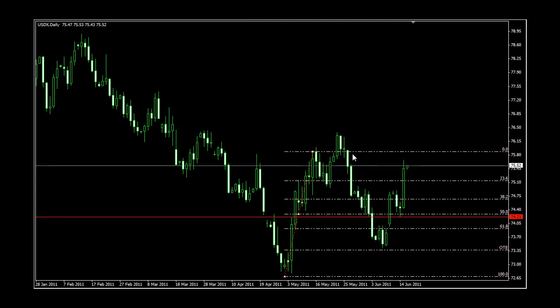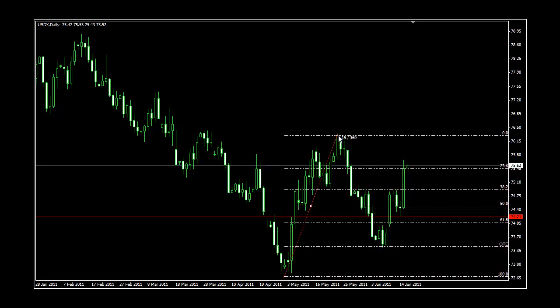Now we can go back to fine-tuning our optimal trade entry. The low to the high, pullback at a key support level that we've already determined on the higher time frames. Buying in anywhere in this vicinity here.